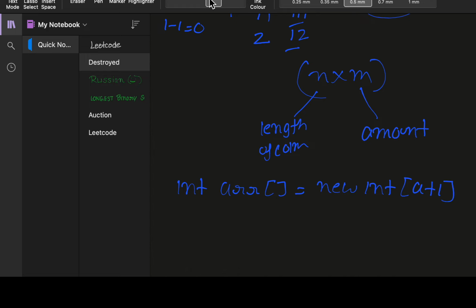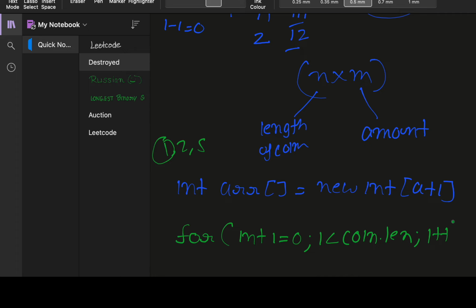So what we do in the code, we can run a for loop over the coins, like for int i is equal to 0, since we have different coins of 1, 2 and 5. We start from this index, i is less than coin dot length, and we increment this.